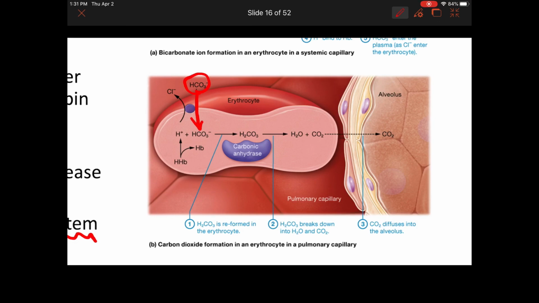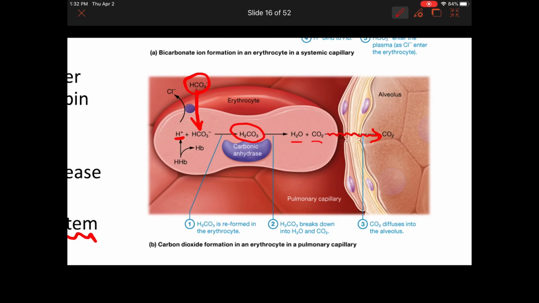Some of that can be taken back up by red blood cells, where it combines with hydrogen ions to form our weak acid carbonic acid. The carbonic acid can then be broken up into carbon dioxide and water, and the carbon dioxide can then diffuse out of the red blood cell, head back into the alveolus, where it can then be exhaled.